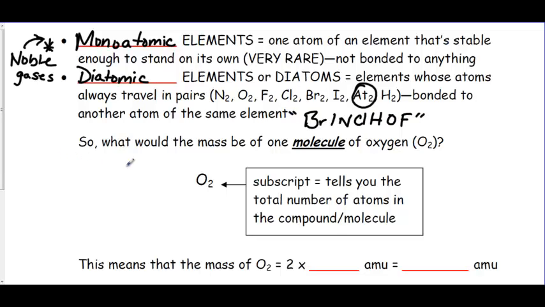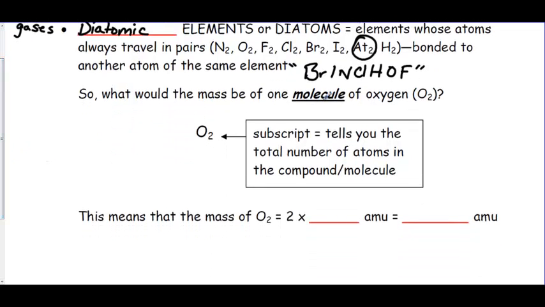So what would the mass be of one molecule of oxygen? Remember, molecule meaning that we're dealing with covalent bonds within other nonmetals, and if we're saying a molecule of oxygen, that would have to be diatomic, as in Brinkelhoff. O2 would be the chemical formula. So here we have O2. The subscript tells you the total number of atoms in the compound or the molecule. All right, so this is a molecule, not a compound.